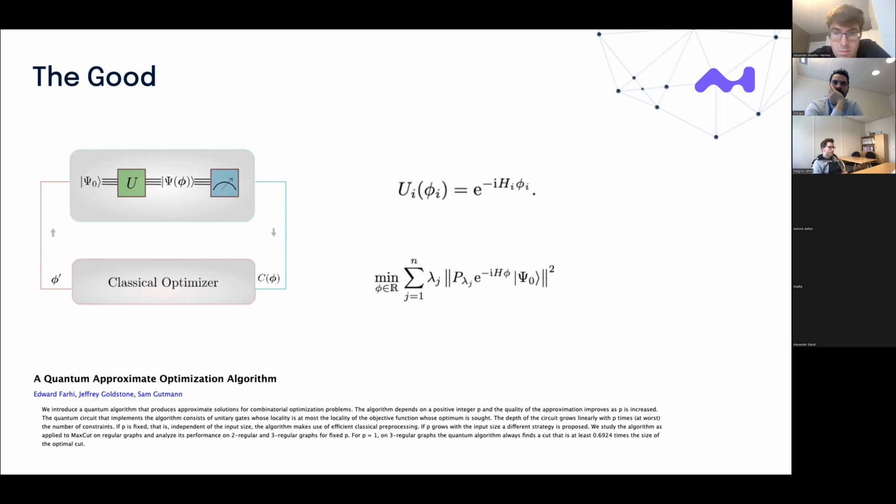Specifically, this is based on the observation that in order to compute certain expectation values, the complexity classically grows exponentially with the dimension of the Hilbert space, whereas quantumly, the complexity grows only polynomially.